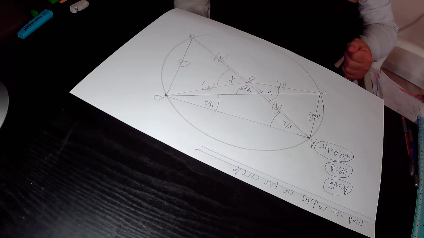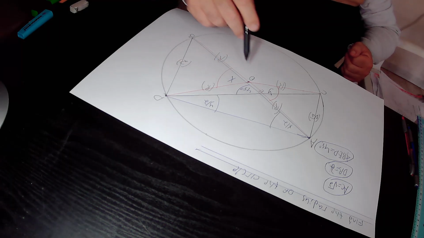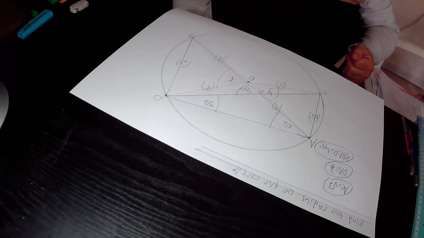Again, R is the radius that we are looking for in this question. In the next step, I'll copy triangle BOD in a new page, and we will implement the law of cosines in this triangle, triangle BOD.